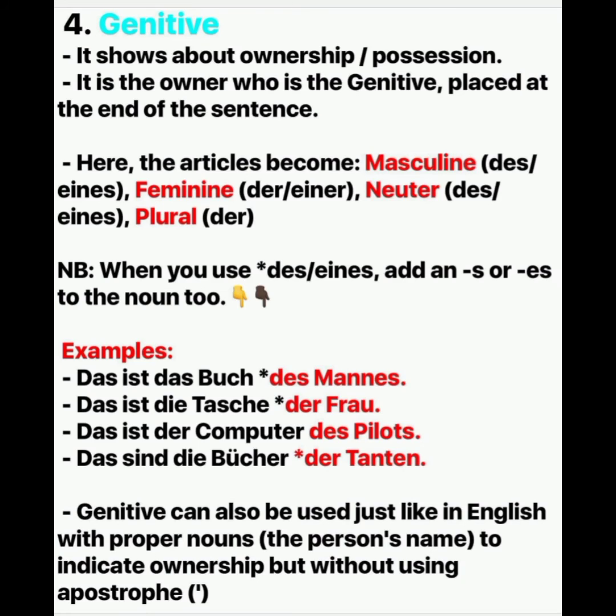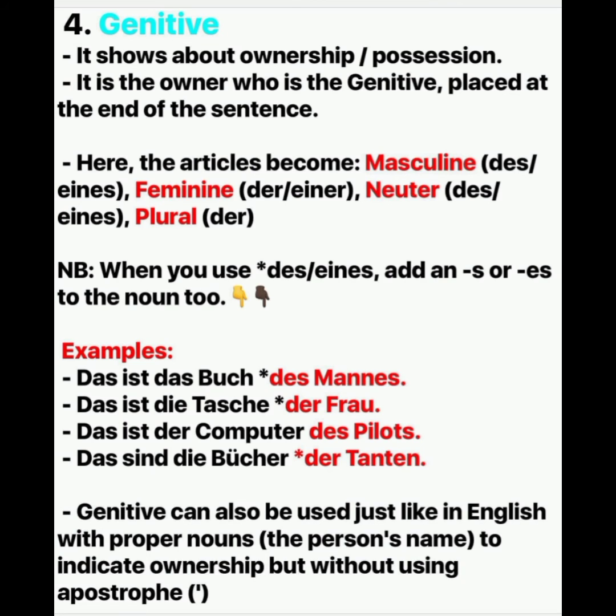You can see that in genitive, masculine and neuter are the same: des, eines. Feminine is der/einer, and plural is der. Note that when you use des/eines, that is for masculine and neuter nouns in genitive. When you use des/eines, we also add an s or es to the noun.